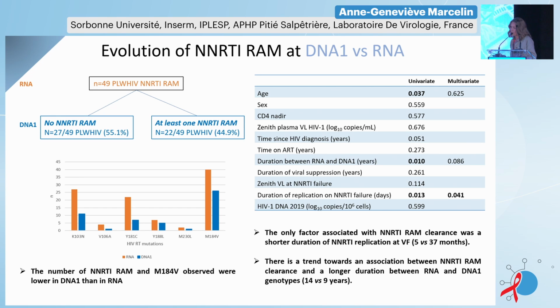Patients who cleared the mutations had a median of 37 months of replication on NNRTI versus 5 for the other. We also observed a trend towards an association between NNRTI resistance-associated mutation clearance and a longer duration between RNA and DNA, 14 years versus 9 years.